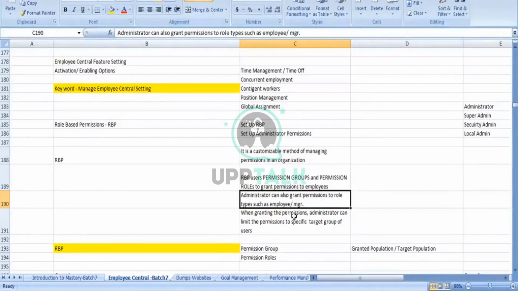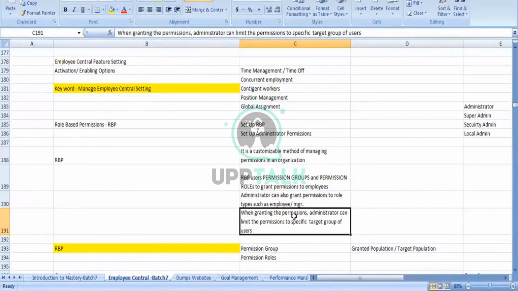After granting the permission, the administrator can limit the permission to a specific target group of users. What it means is, after giving a permission, I can control that permission to only a set of group of users. Suppose I have given a permission to the HR team, and in the HR team there are 2 employees who are running the payroll.